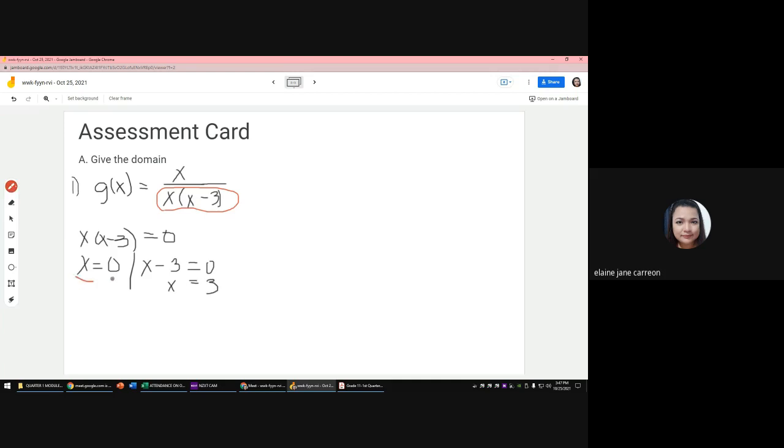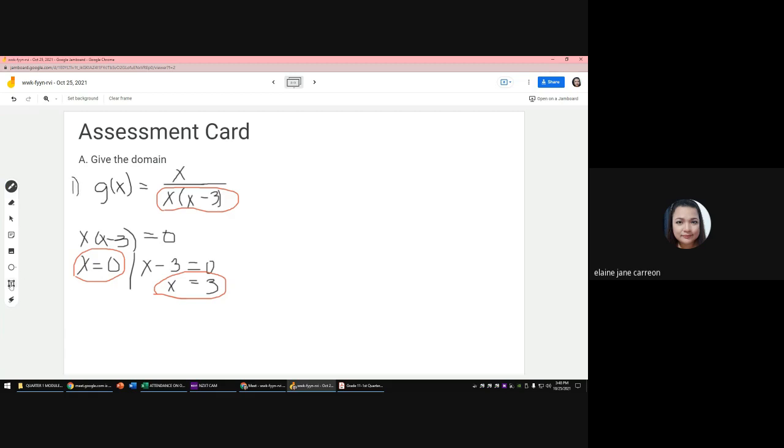Now, there are two values. Ibig sabihin, both 0 and 3 cannot be substituted in x in this function because it will become undefined.